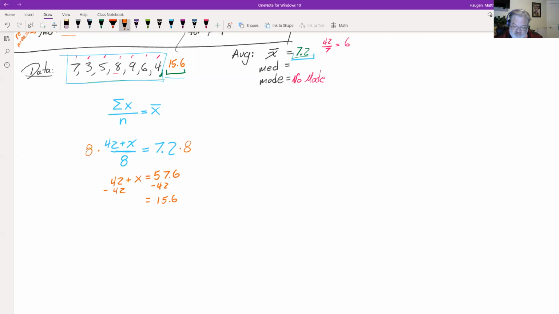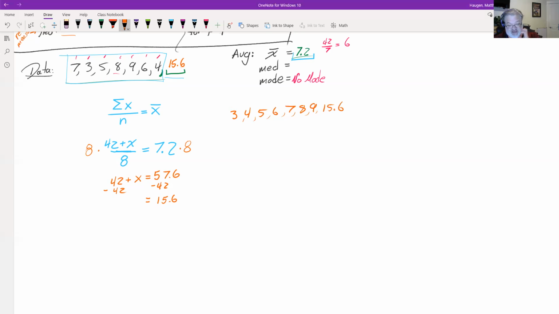Because now when we put this list in order, still 3, 4, 5, 6, 7, 8, 9, but now it's 15.6. 1, 2, 3, 4, 5, 6, 7, 8. So that changes where our center is. Fair?